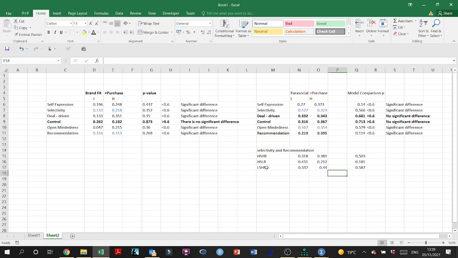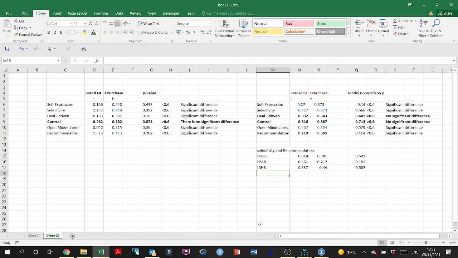So basically, when you are high on recommendation, it will help you pop up the relationship, and low on selectivity still resembles this relationship. When it's high on selectivity, low on recommendation, it still resembles this relationship. When you are high, even though this is high selectivity, because recommendation is in the equation now, you are getting a modified effect.